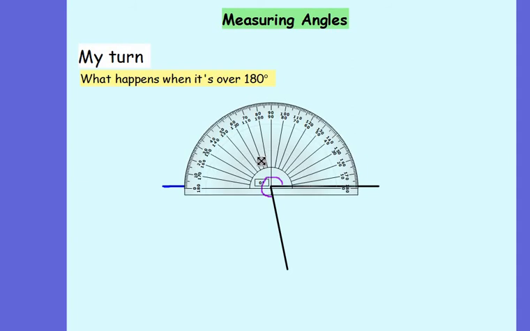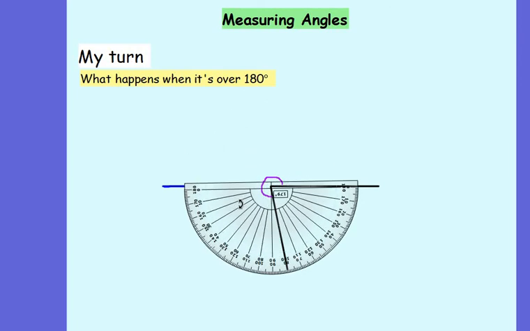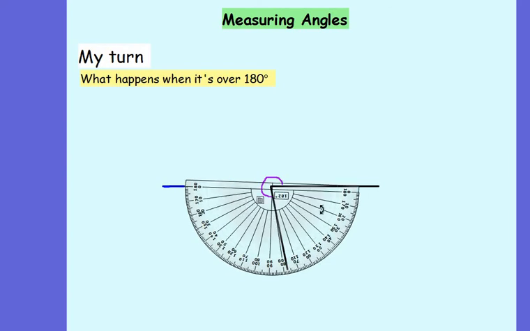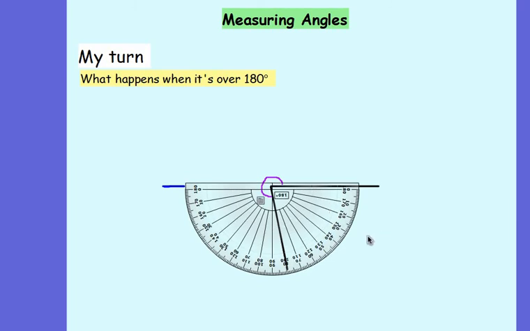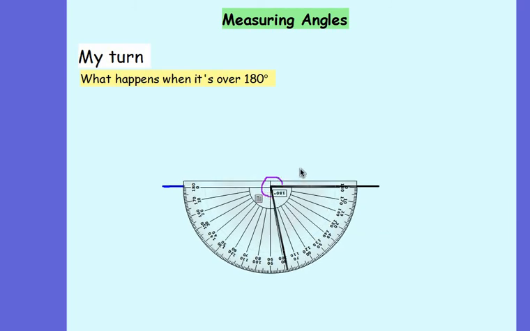I'm now going to rotate my protractor. Round it goes, because we need to add on the remaining part of the angle. So I line it up. I know that we've already gone 180 degrees to get to here.